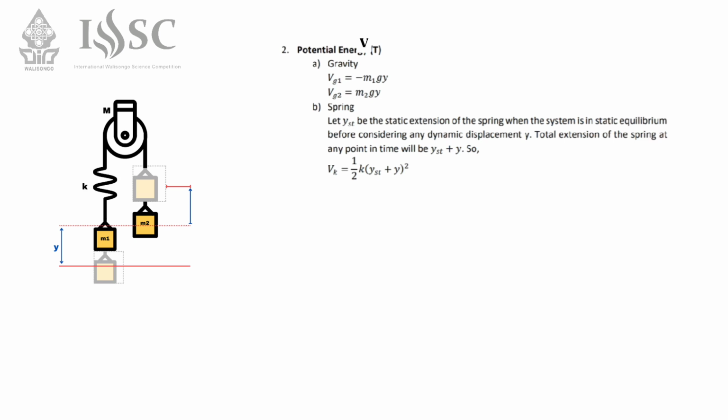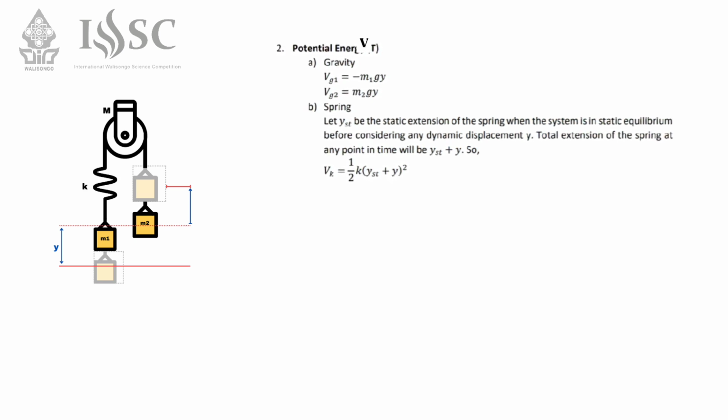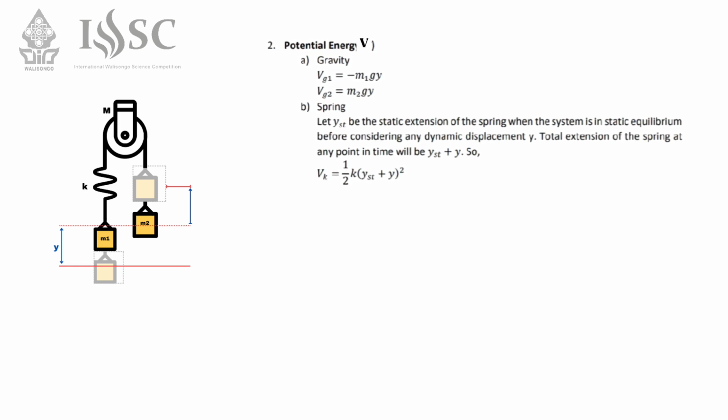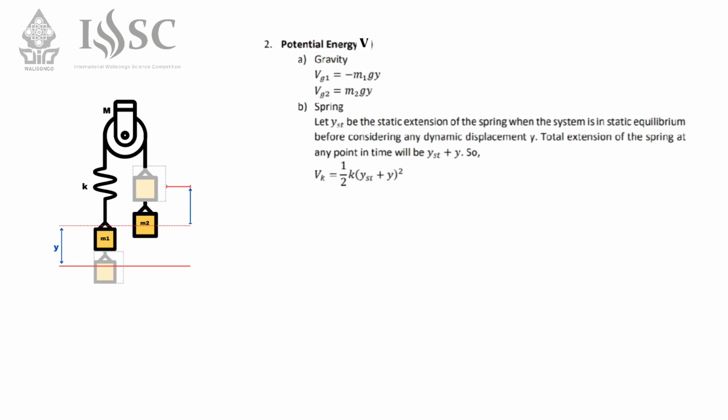And the potential energy, it comes from gravity and the spring. The gravity is Vg1 and Vg2 for M1 and M2. For the spring, let y_st be the static extension of the spring when the system is in static equilibrium.